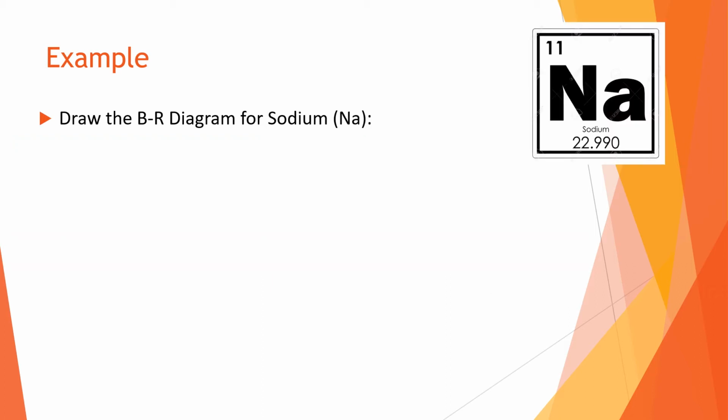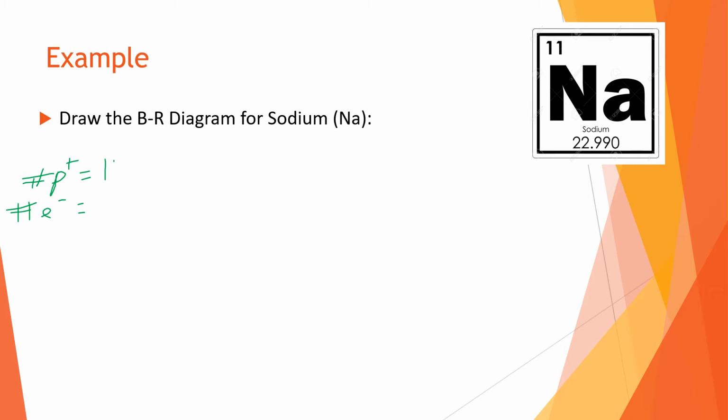Let's do it again. So we are going to now do this for sodium. So same thing, I have this little diagram here. We have to pick out the information first. So we need to figure out number of protons, electrons, and neutrons in order to do the Bohr-Rutherford diagram. So based off of this diagram, we have our atomic number in the top left corner, which we know represents our number of protons and our number of electrons.